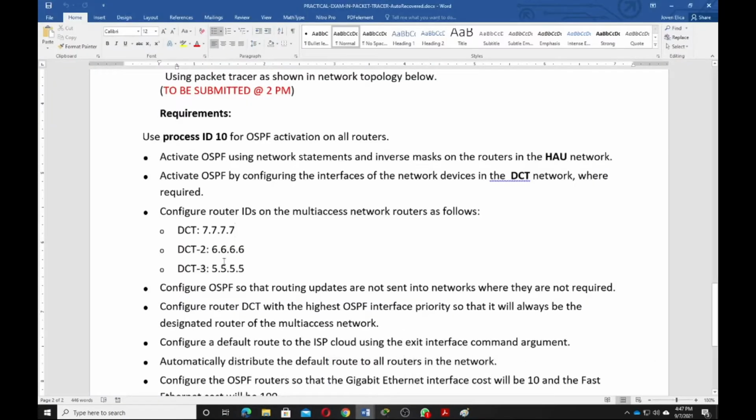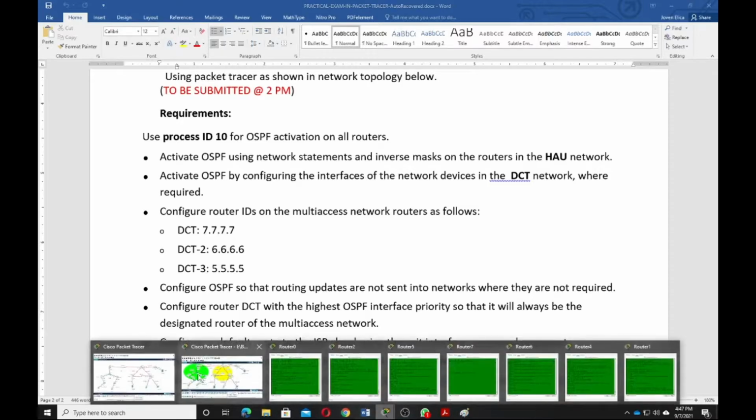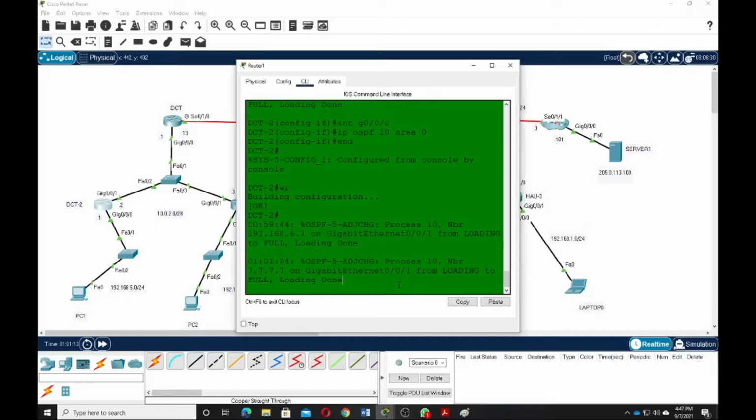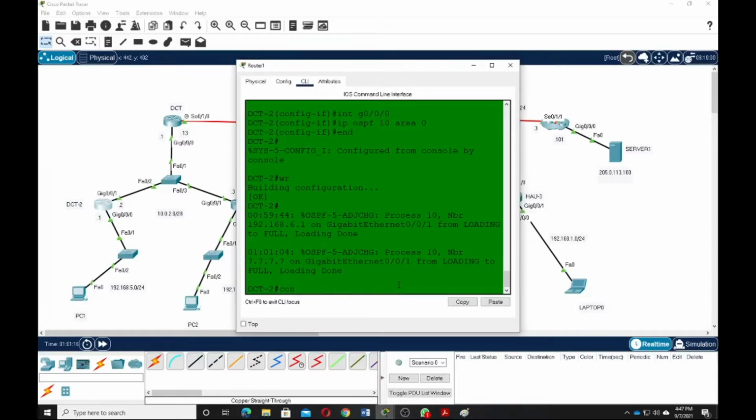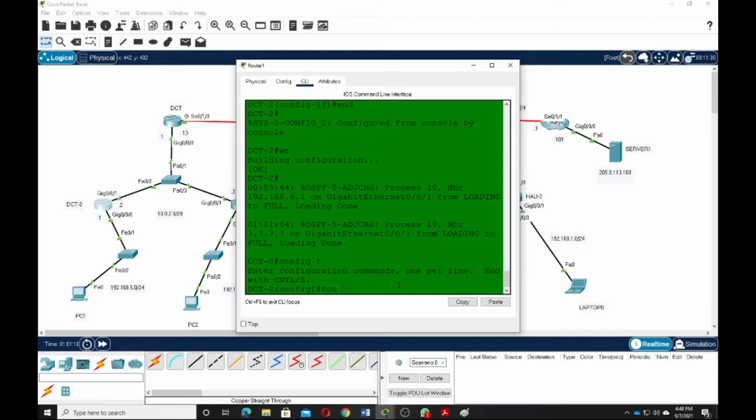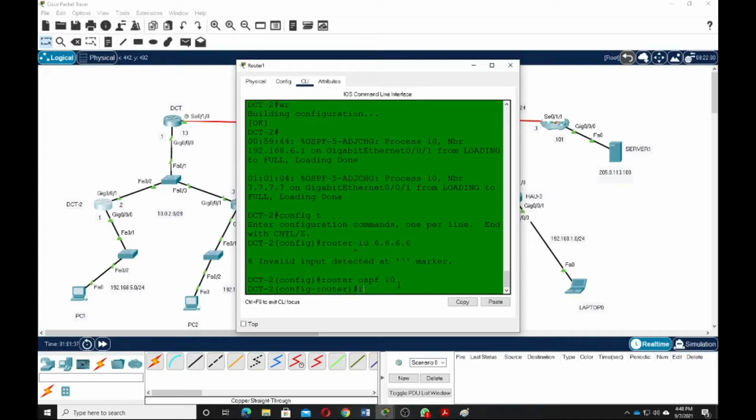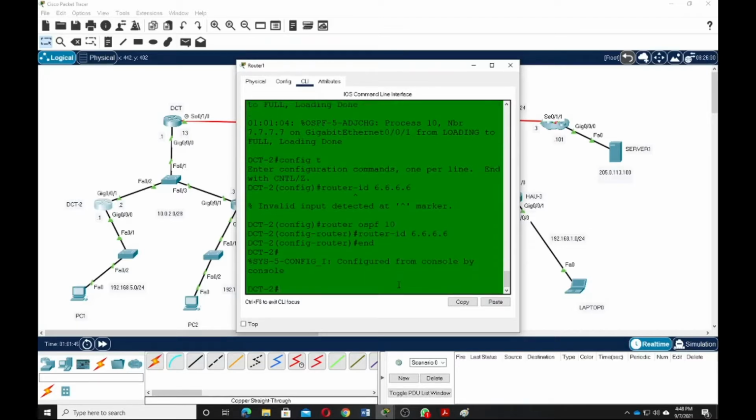The router ID is 6.6.6.6. Config t, router ospf 10, router-id 6.6.6.6.